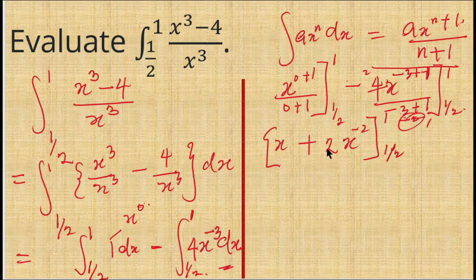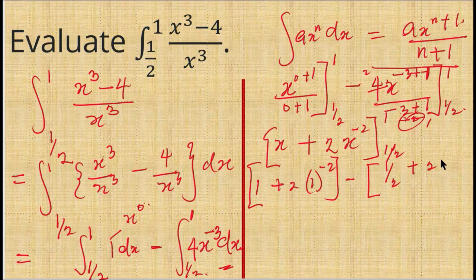Now I can rewrite this. This becomes 1 plus 2 into 1 raised to power minus 2. I've replaced the value of x here with the 1 value here, minus, now I'm going to replace this again with the half value, half plus 2 into half raised to power minus 2.